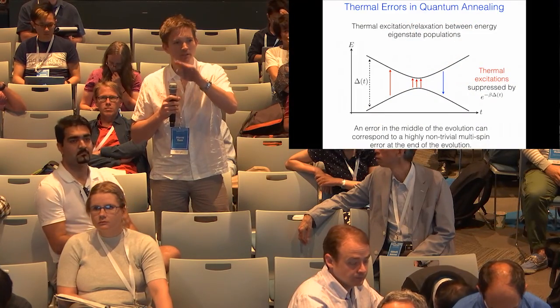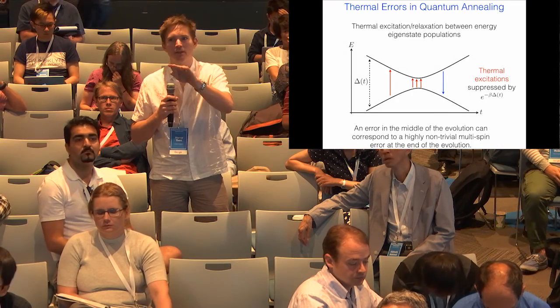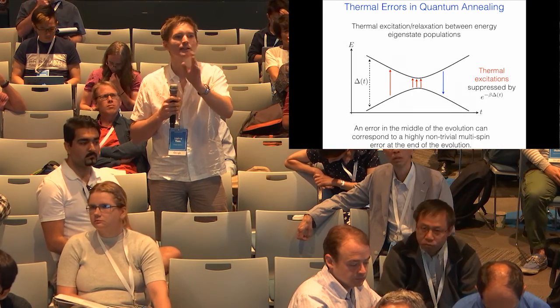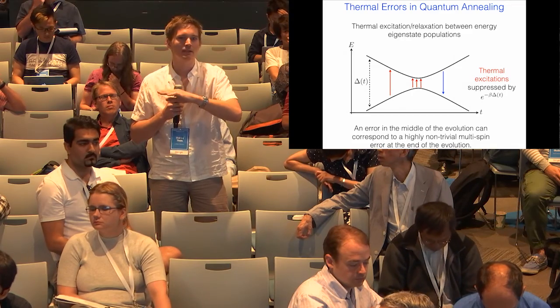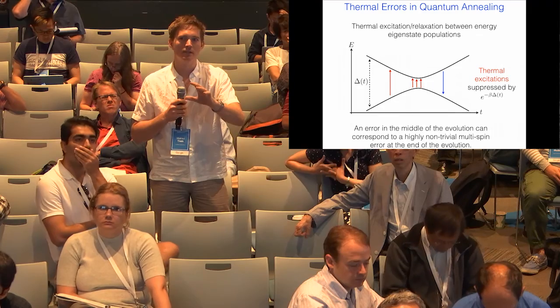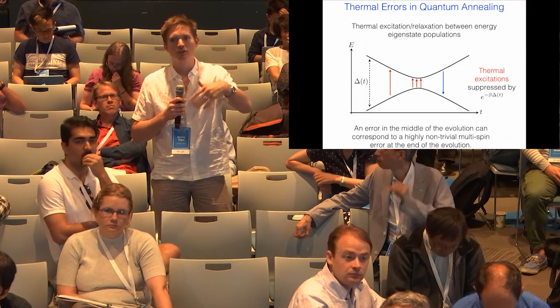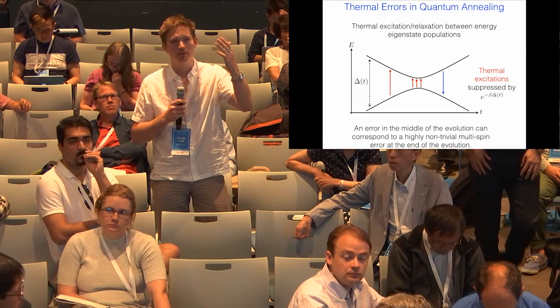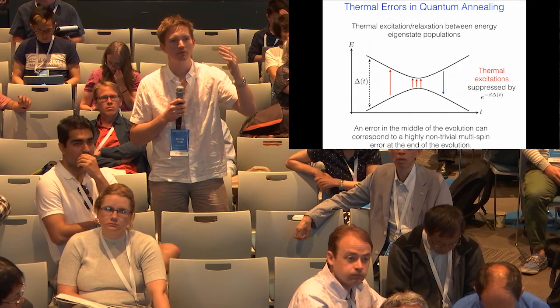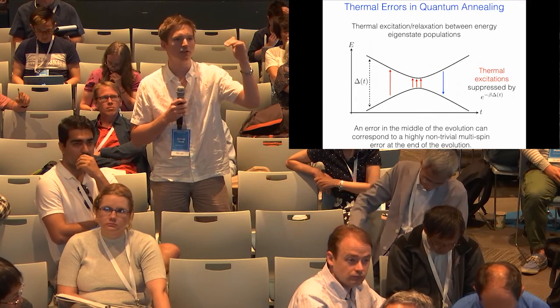This one? Yeah, yeah. So you had sort of described that you have these potential thermal excitations, and they're very fast when the gap is at the minimum, and then the likelihood of getting thermally excited back is very unlikely unless you wait a long, long time, which is actually a very non-physical way of thinking about this, right? Because for every transition probability you have of going up, you have the same one going down, right? The only reason why it's faster is because your population in the excited state starts at 0, right?